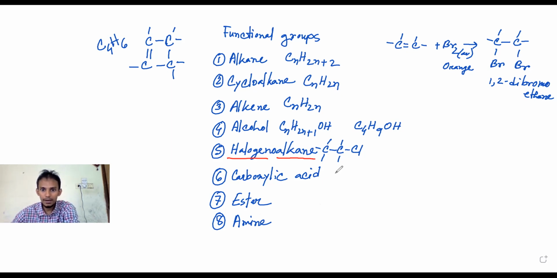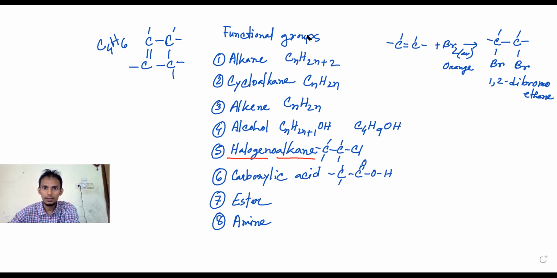So carboxylic acids were C and H. You don't need to know the general formula of all the substances. Just if you can remember what is the functional group of carboxylic acid, that will be enough. Say it was CH3 C double bond OH.